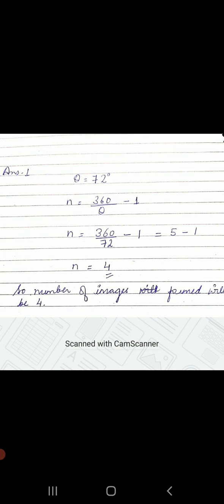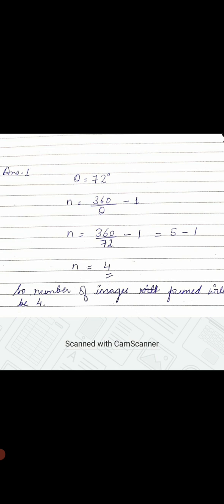Looking at the solution, theta is equal to 72 degrees, right? And we have the formula n is equal to 360 by theta minus 1. We all know that 360 when divided by 72 gives us 5. So 5 minus 1 gives 4, which means the number of images so formed is 4.